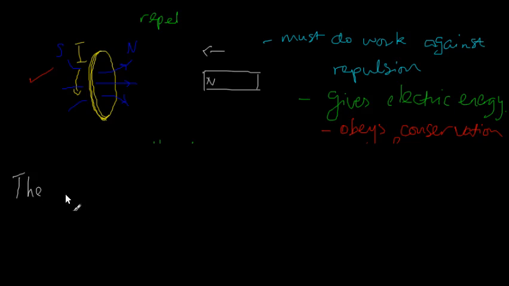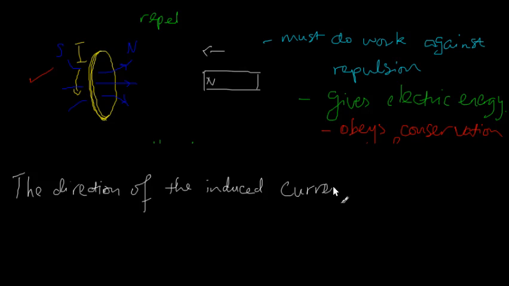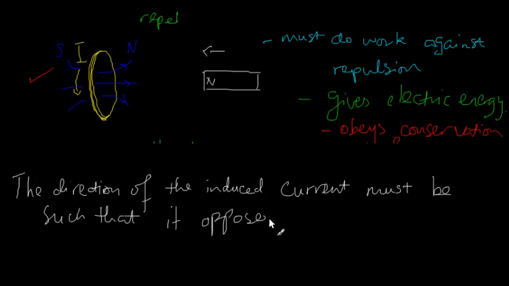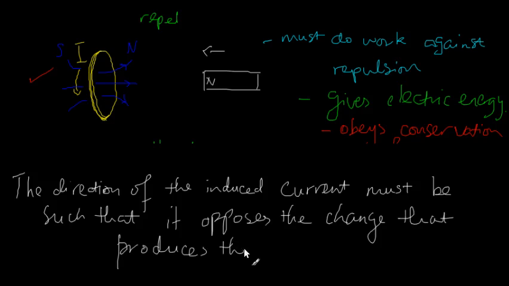Let me try again. The direction of the induced current must be such that it opposes the change that produces the current.